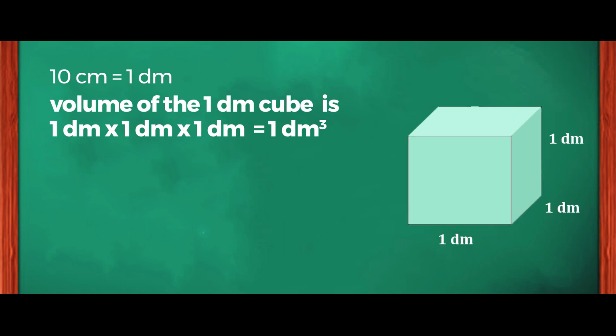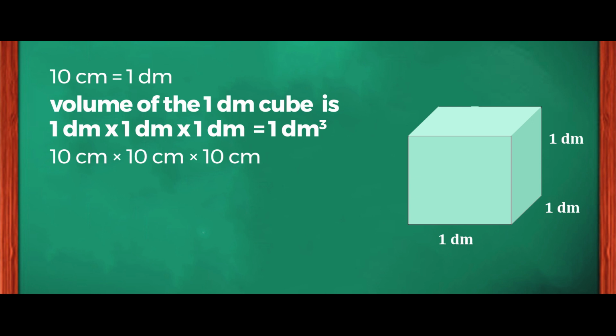Look at this cube. It has 1 decimeter as a length, 1 decimeter as a width, and 1 decimeter as height. Now you should know that 1 decimeter is equal to 10 centimeter. So here it is same as telling 10 centimeter multiplied by 10 centimeter multiplied by 10 centimeter.